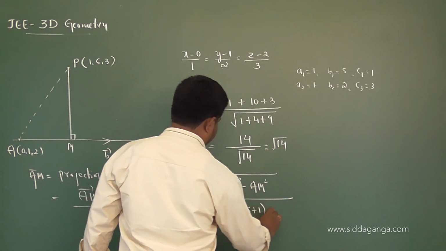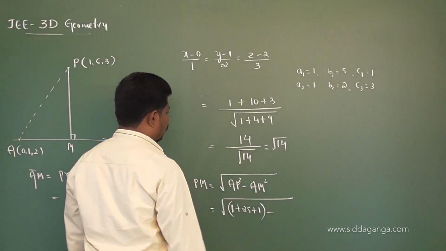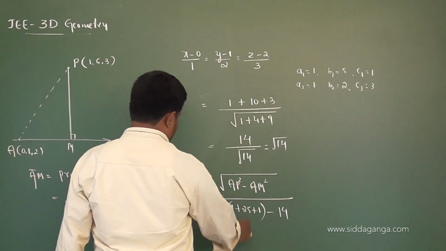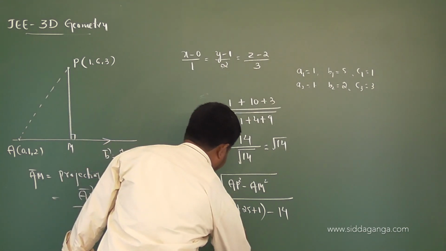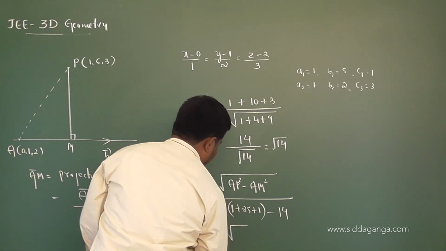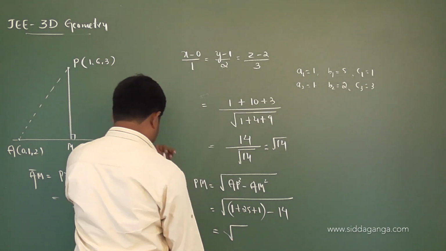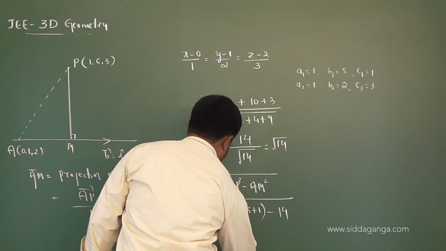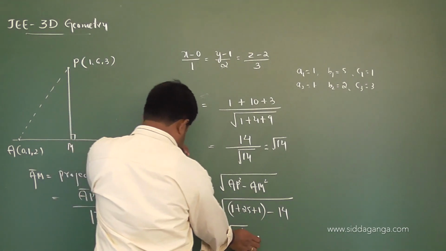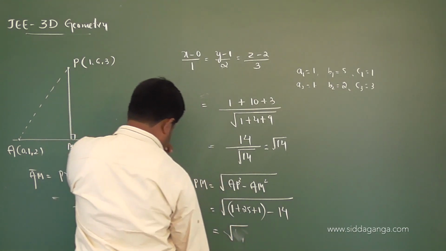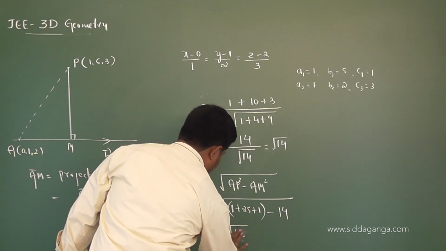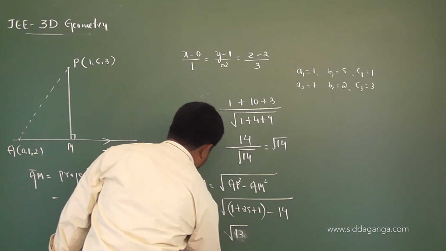This is AP square minus AM square. AM is root 14, AM square is just 14. So, you get 27 minus 14. 27 minus 14 is 13, right? Yes. 13, that is what PM is.